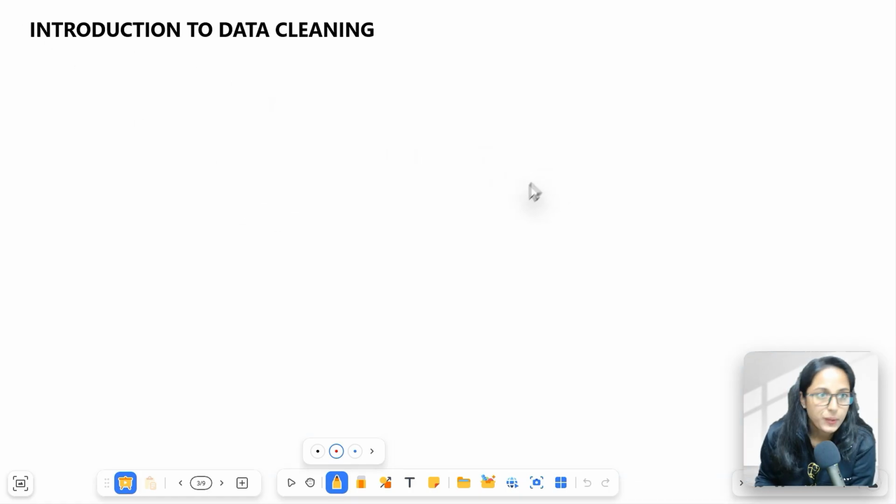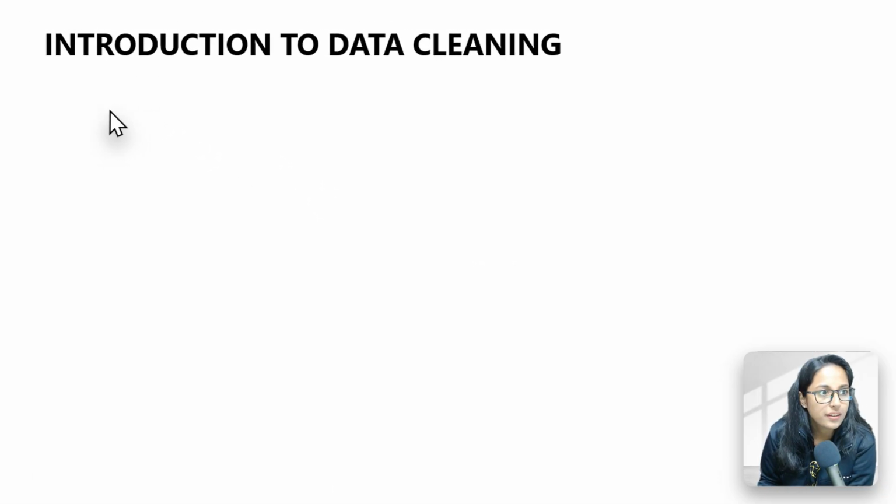Now let's try to understand what I mean by data cleaning and why we need to have it. So before going for that, let's understand what type of data we can see in day-to-day life. Let me take a very simple example. I am an organizer of an event, and I have created one Google form.